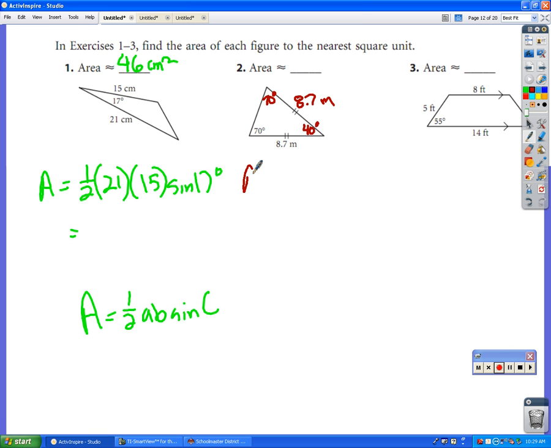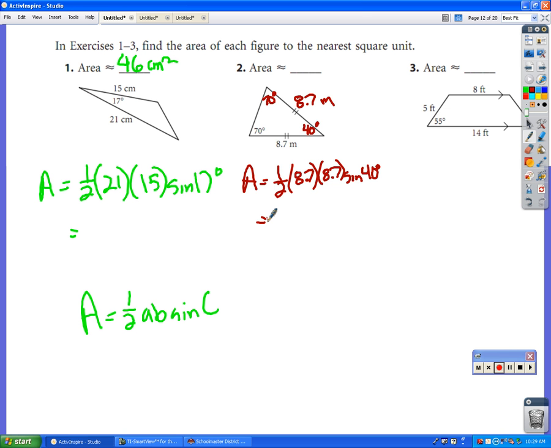And so now we can use the formula by saying that the area is going to be 1/2 times 8.7 times 8.7 times the sine of 40 degrees. And so again, we are on a calculator, so we're going to go 1/2 times 8.7, basically squared, times the sine of 40.